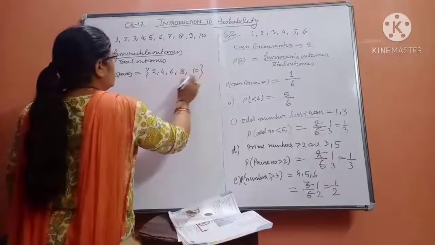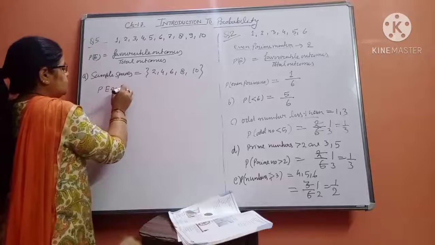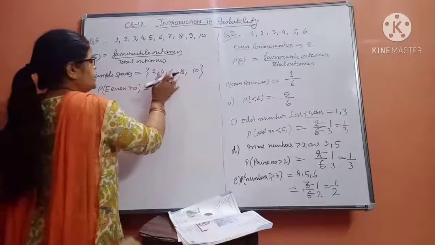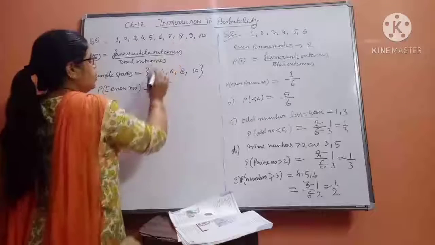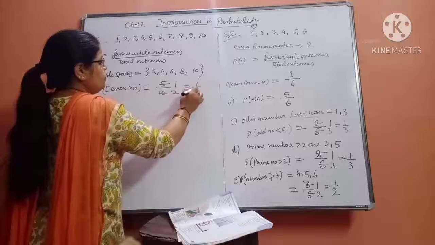How many even numbers are there? 5. Probability of an even number is 5 upon total outcomes 10. So its probability will be 1 upon 2.